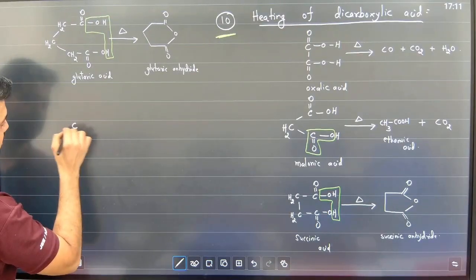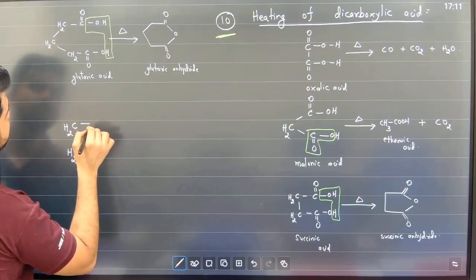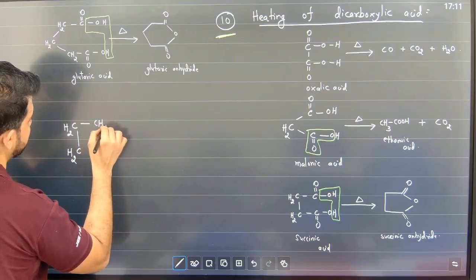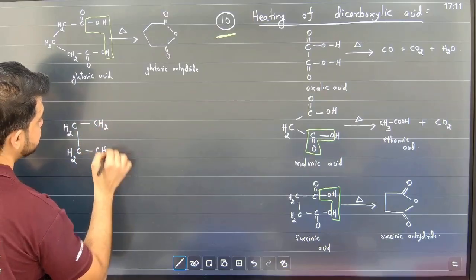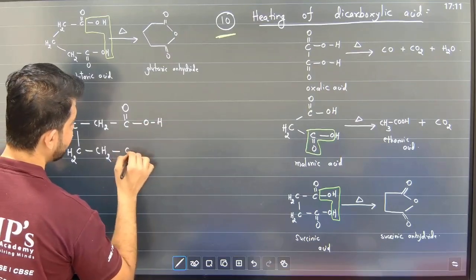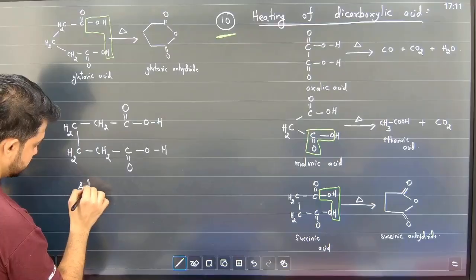And let's do one more. The next dicarboxylic acid that we have, students, is adipic acid.